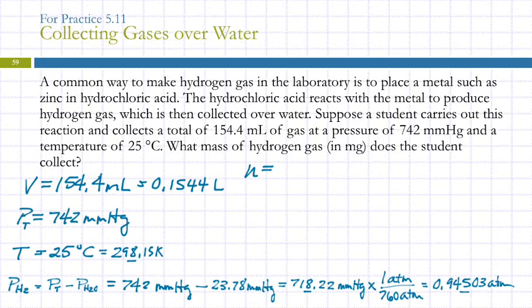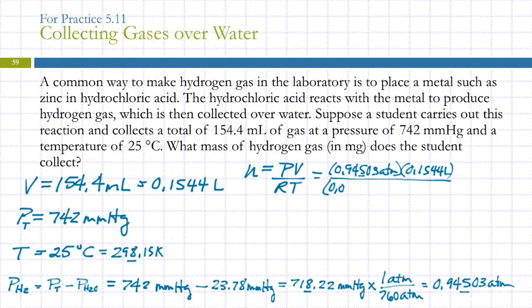So we're going to find the moles the same old way, PV over RT. There's the pressure, the volume, R, 0.08206 liter atmospheres per mole Kelvin.